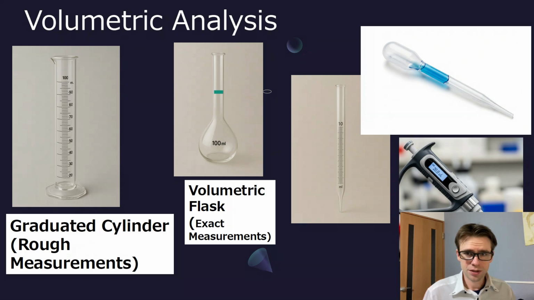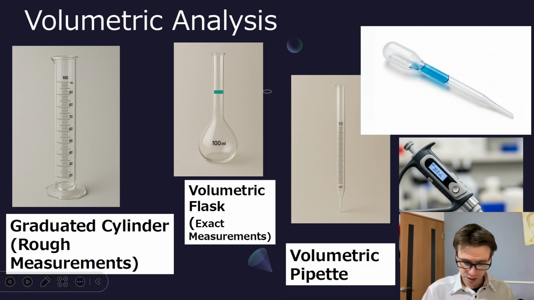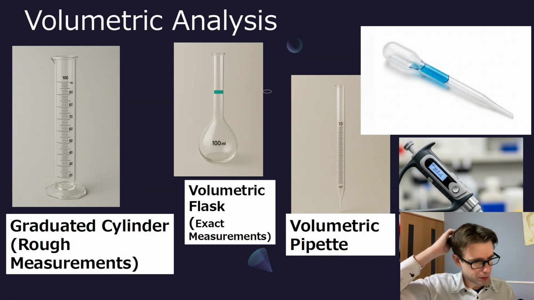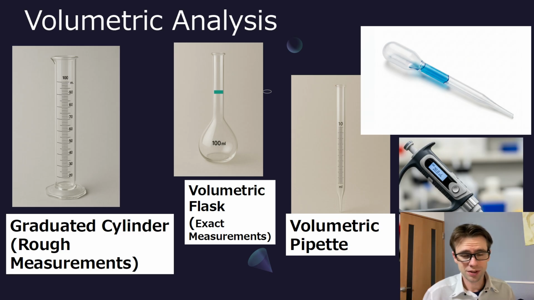But when you need to measure small amounts of not commonly used amounts, for example, like 22.7 or 1.63, we need to use other instruments that are capable of being adjusted. So we could use a volumetric pipette. This is what most high school labs would use, I think. They're quite cheap. It's just basically a glass tube, and it has a bunch of lines that indicate volumes. And what you do is attach some kind of suction power to the top.